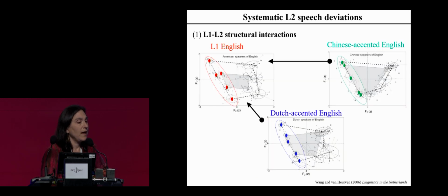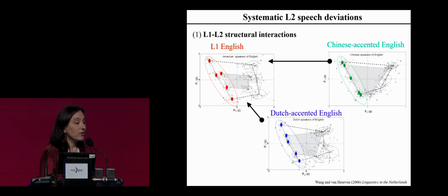So then when we look at the acoustic vowel spaces of Chinese accented English and Dutch accented English, so we're looking specifically at these L1, L2 structural interactions and their impact on the acoustics, now we can see vestiges of the L1 structure in their L2 speech productions.